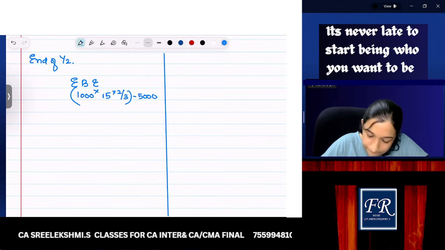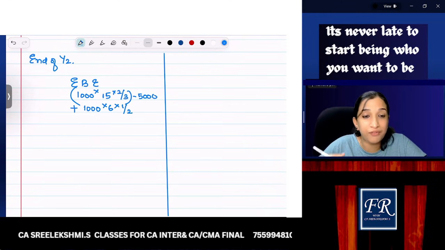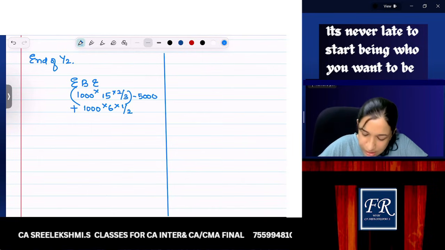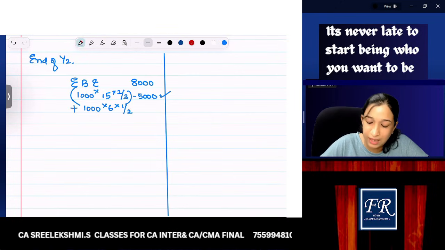Plus, there is an incremental fair value, additional benefit, which is to be spread over 2 years. So this is 5000 and this is 3000. So employee benefit expense debit 8000.